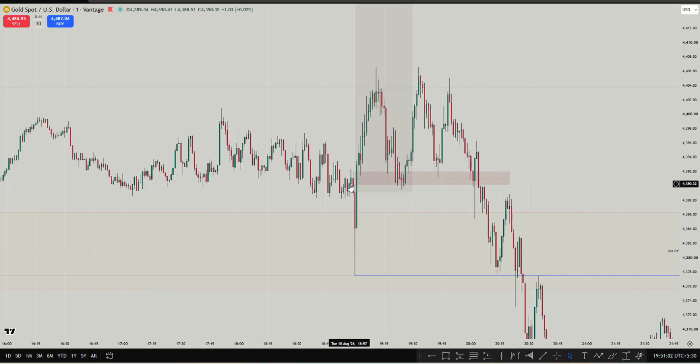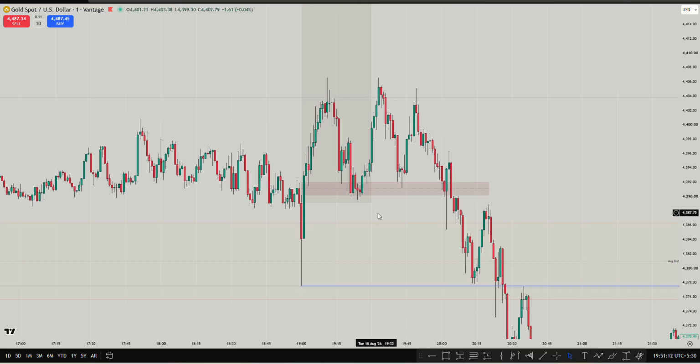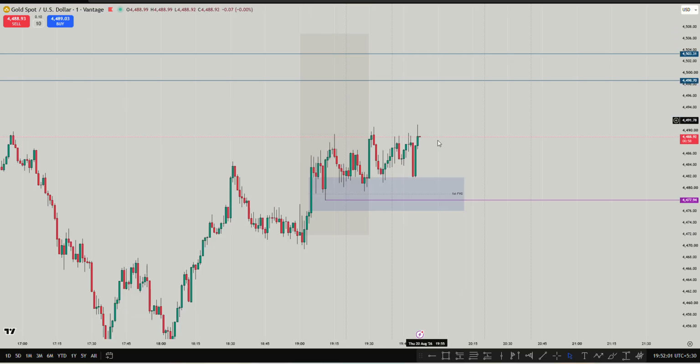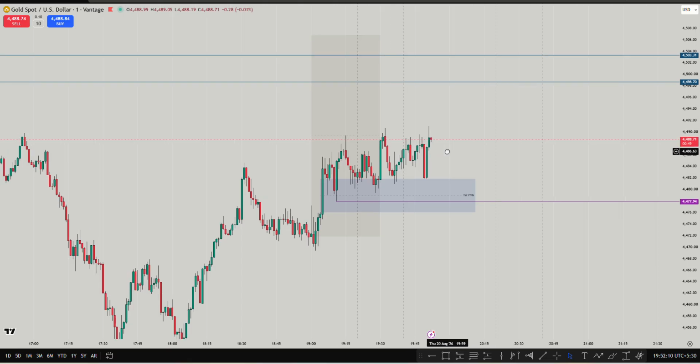I didn't wait for the proper structure shift. I treated breaking this low as a structure shift, but that's the mistake. You can see the market, and I expected the market to take these liquidities out. And yeah, that's it for today.